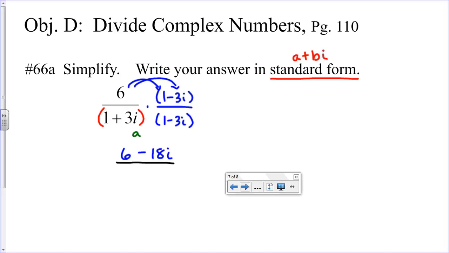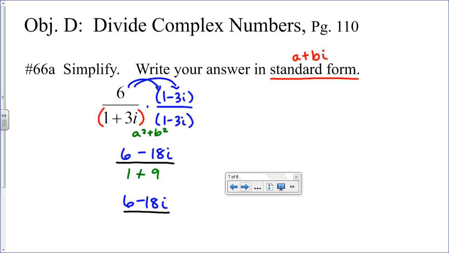When I multiply complex conjugates, I can do a squared plus b squared. Remember, b ignores the i. So a is 1, a squared is 1, plus b is 3, so b squared would be 9. So you get 6 minus 18i on top.